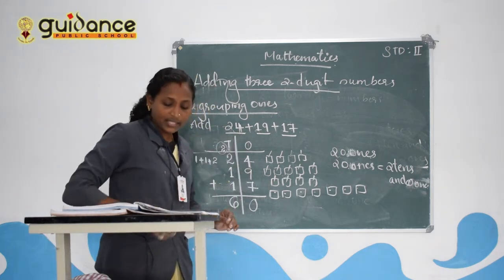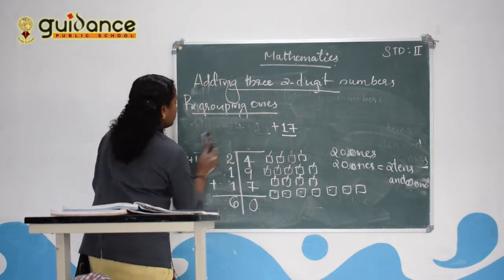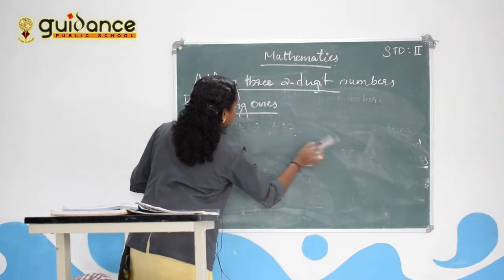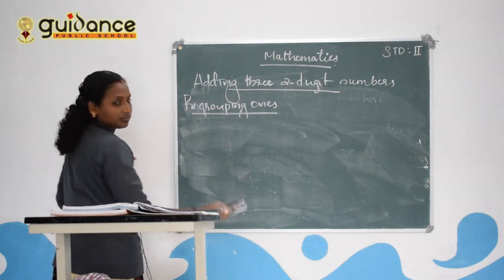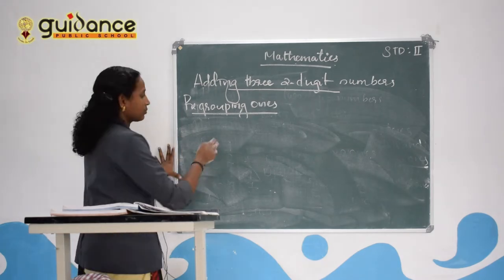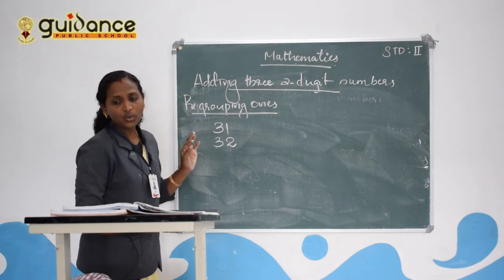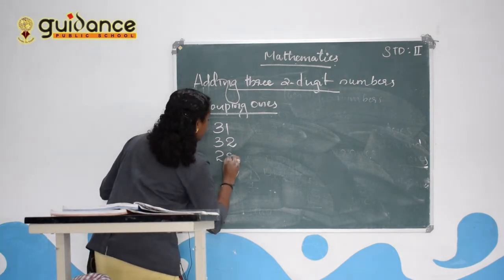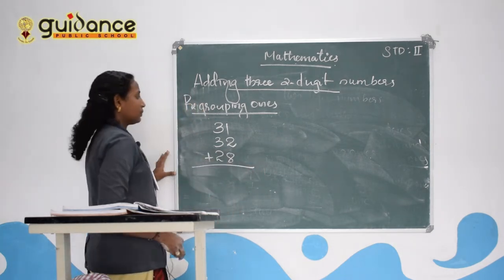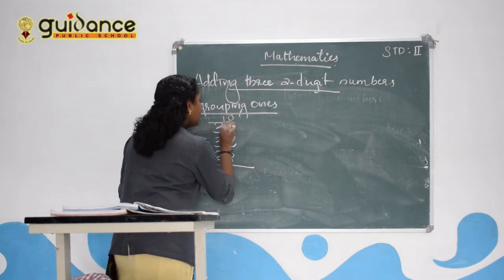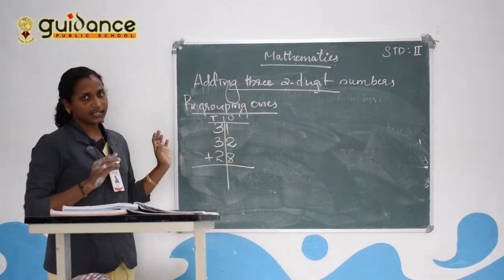Okay. Then next, 31, 32 and 28. First, arrange the numbers in places. This is the ones and this is the tens.